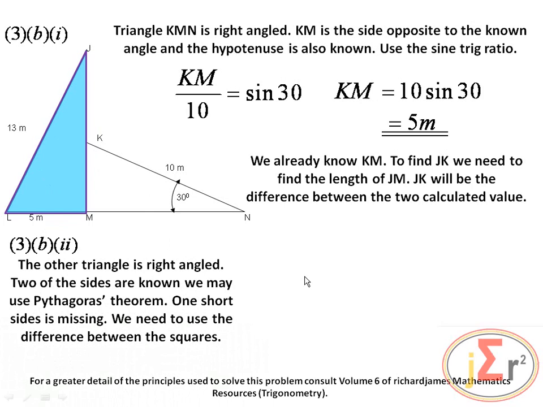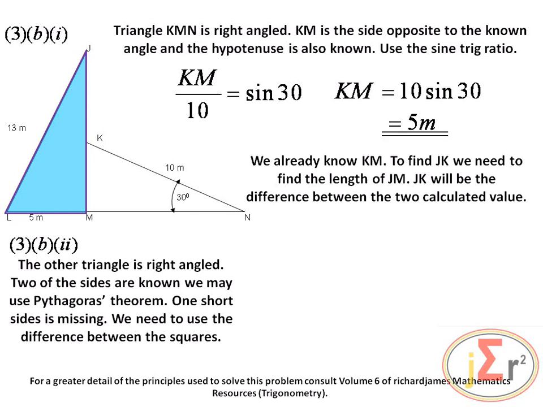Generally, when students come across a right angle triangle with two sides already given, they just jump straight ahead and use Pythagoras theorem, saying the length of the unknown side is equal to the sum of the squares of the other two sides.